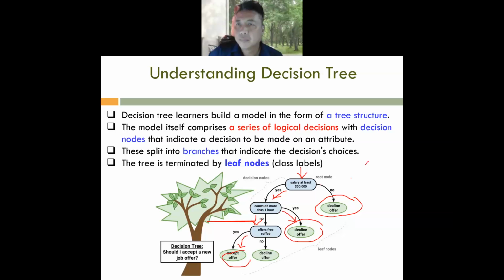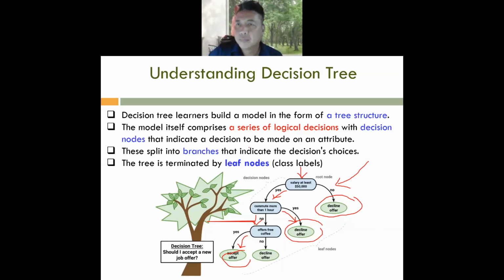So this is the tree structure or the decision tree form when you present the data to them. So the method will construct the tree based on some statistic or based on some calculation. We call it entropy or information gain.